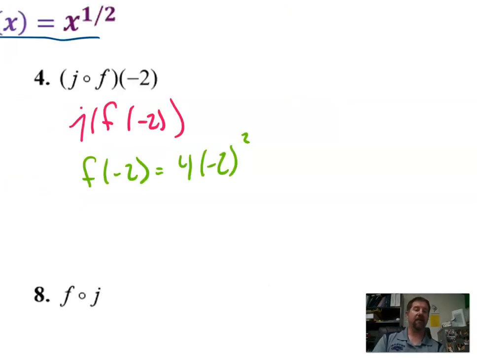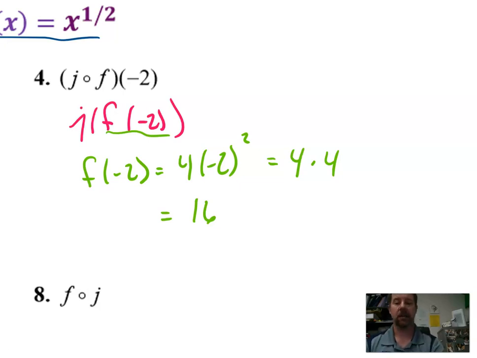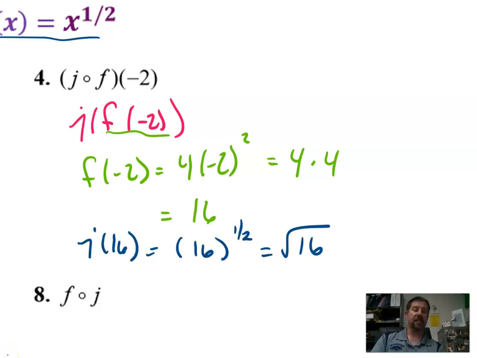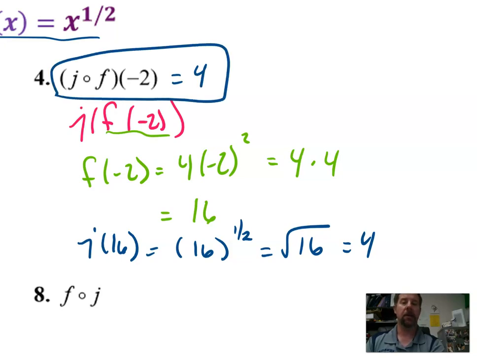Then I would find f of negative 2, do the inside part. And when you do that, you should have got 16. So now I'm going to go find j of 16. And j of 16 is 16 to the 1/2, or the square root of 16, or 4. So j of f of negative 2 equals 4.